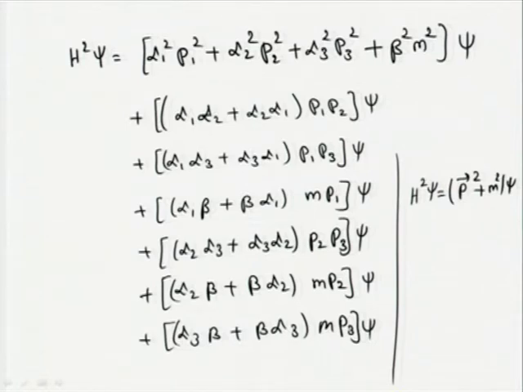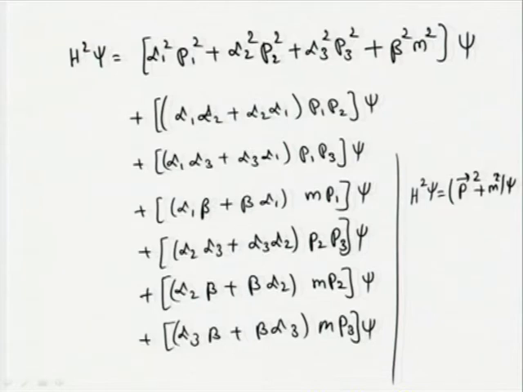But now, the first line here in H square psi, what we have is alpha 1 square P1 square plus alpha 2 square P2 square plus alpha 3 square P3 square plus beta square M square psi. And there is no other term with P1 square, P2 square, P3 square or M square. So, the coefficients of P1 square, P2 square, P3 square and M square should all be equal to 1.